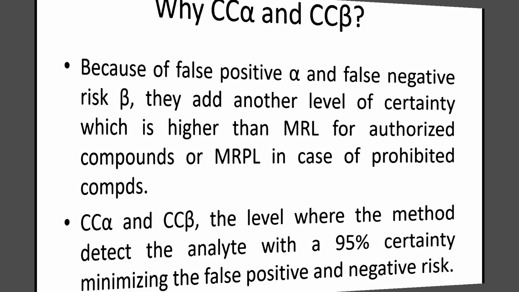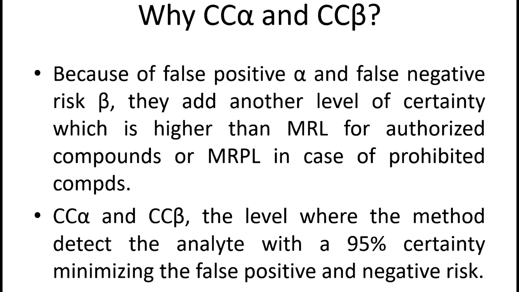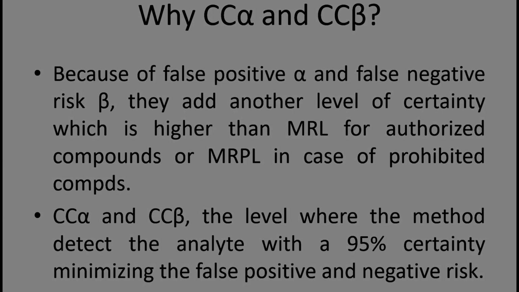So because of the false positive risk alpha and the false negative risk beta, they add another level of certainty which is higher than the maximum residue limit for authorized compounds or the minimum required performance limit in the case of prohibited compounds. CCalpha and CCbeta are the levels where the method detects the analyte with 95% certainty, minimizing the false positive and negative risk.